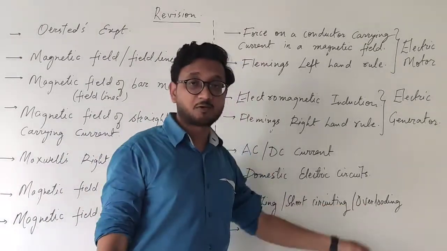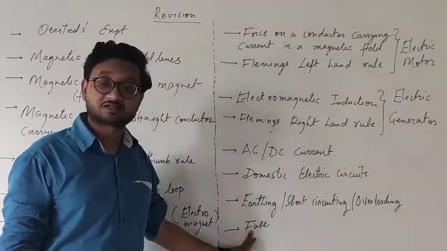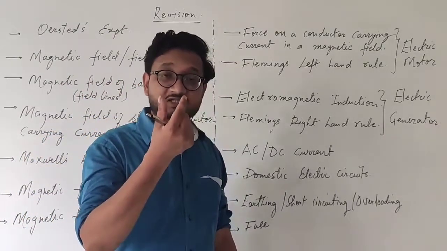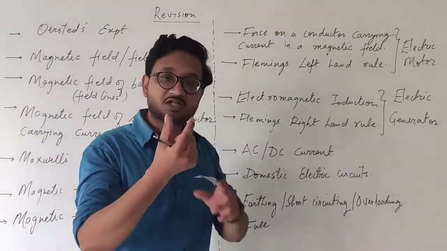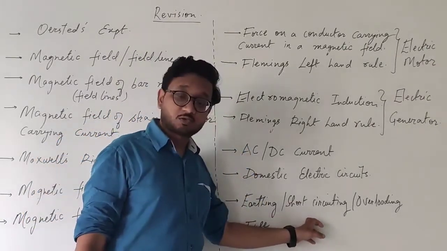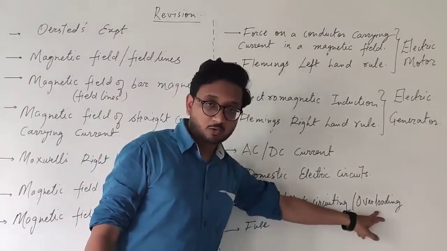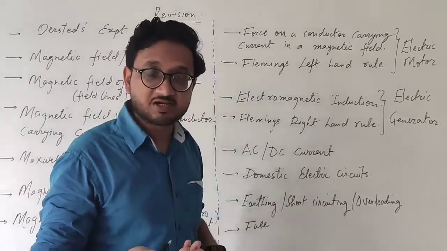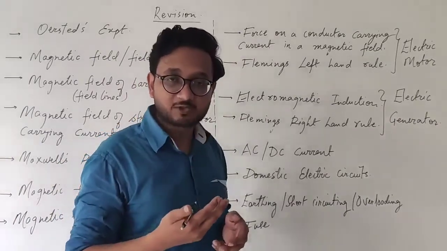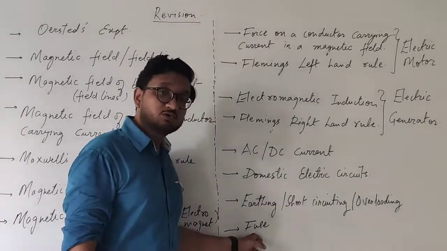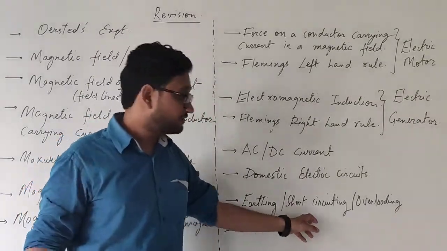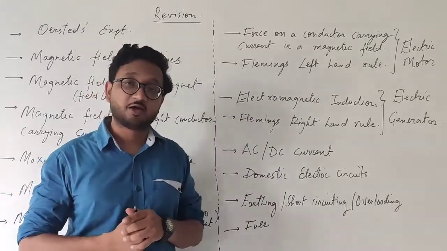Obviously, short circuiting and overloading can be avoided using a simple device, fuse, which is nothing but a single wire made in such a way that it has a certain melting point. So when more current passes through, either through short circuiting or overloading, more than the feasible current that does not cause harm to your appliances, then this fuse actually melts because of the Joule's law of heating, and therefore prevents our appliances from short circuiting and overloading.